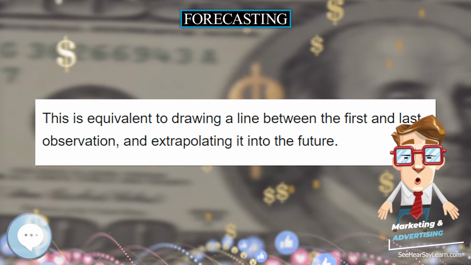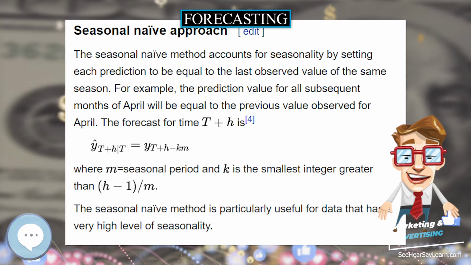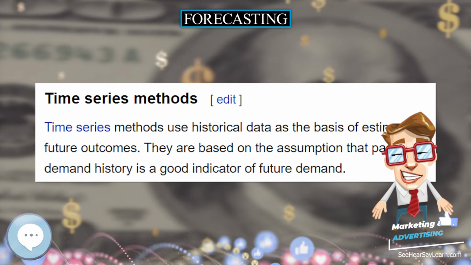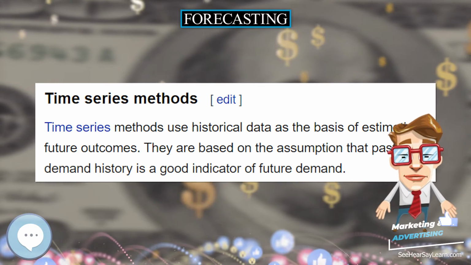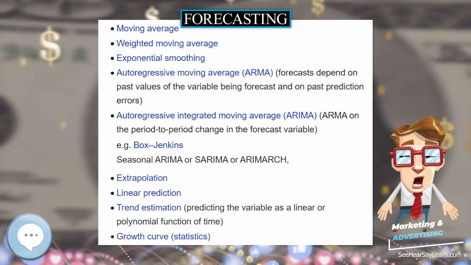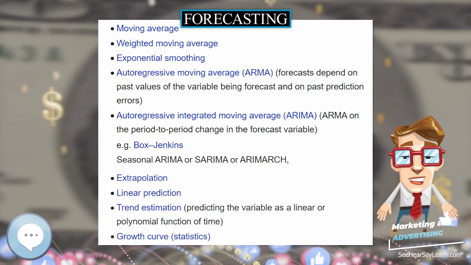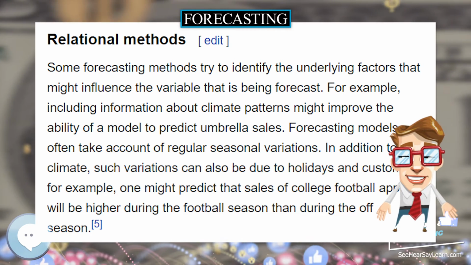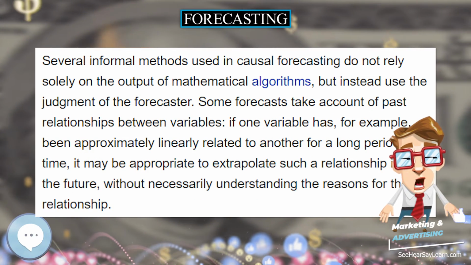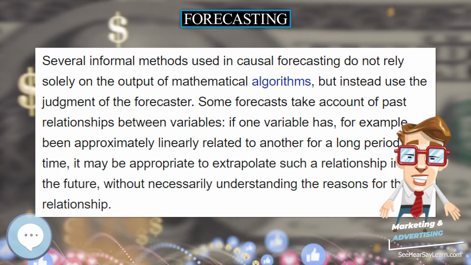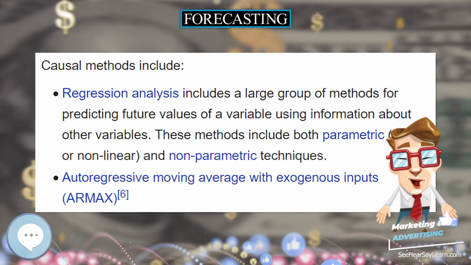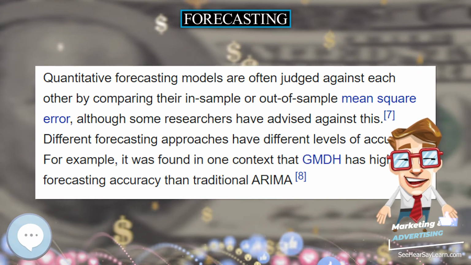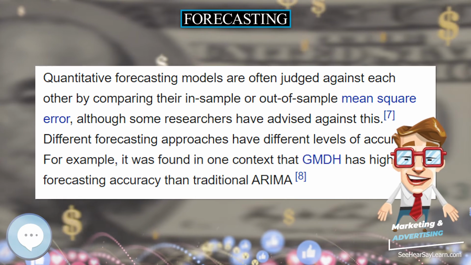Mean absolute scaled error, MASE equals the sum from t equals 1 to n of e sub t, divided by 1 over n minus m times the sum from t equals m plus 1 to n of the absolute value of y sub t minus y sub t minus m. Where m equals the seasonal period, or 1 if non-seasonal.